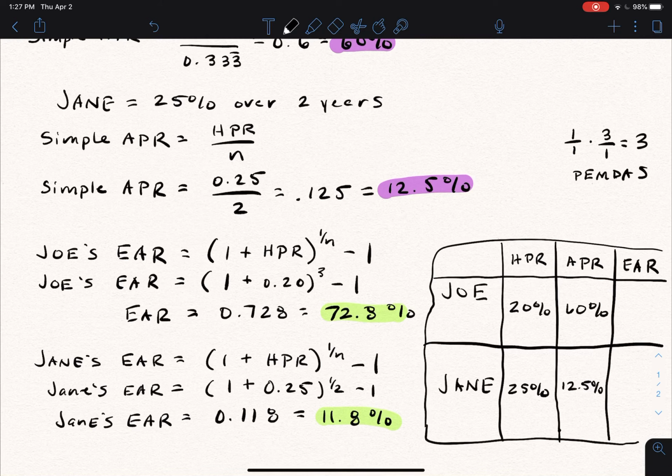And then we thought, well, hold on a second, we did not take compounding into consideration. So, now that we're finance professionals, we probably need to look at that too. And when we took compounding into effect, what we found is that Joe actually had an effective annual rate of 72.8%, while Jane only had an effective annual rate of 11.8%.